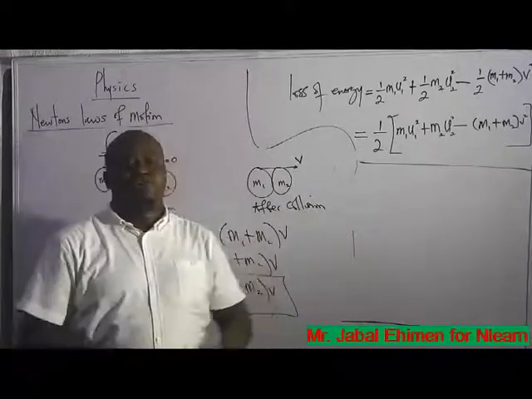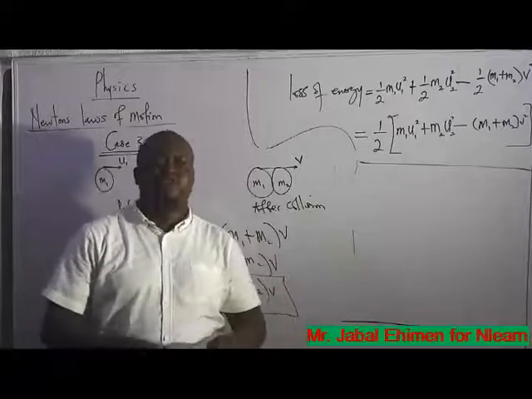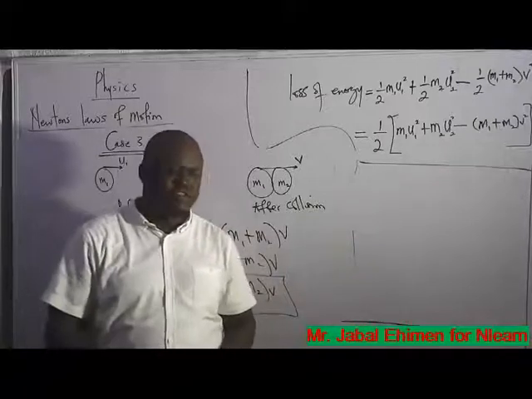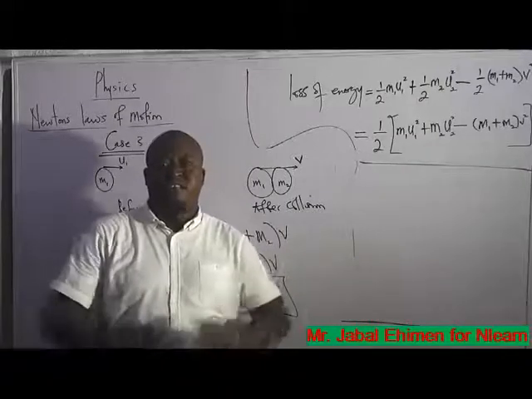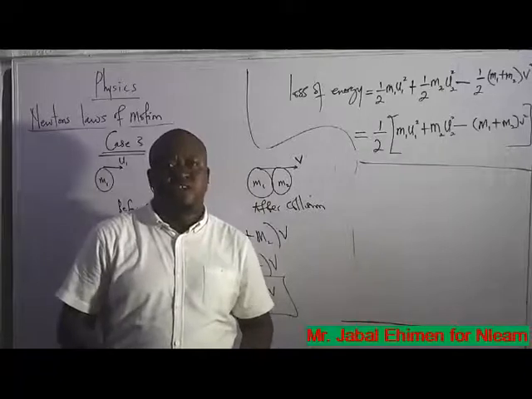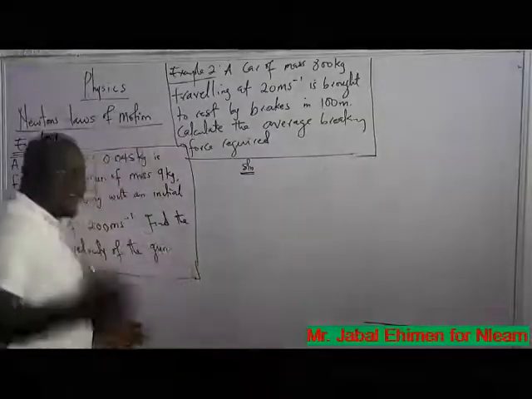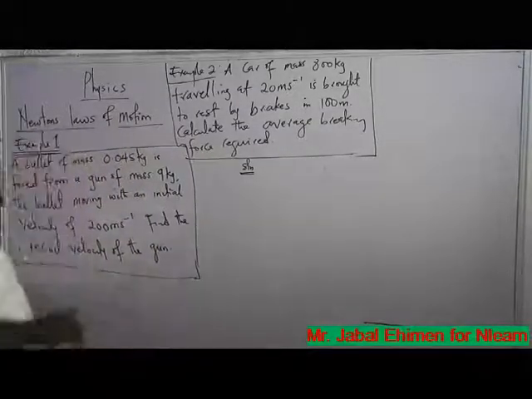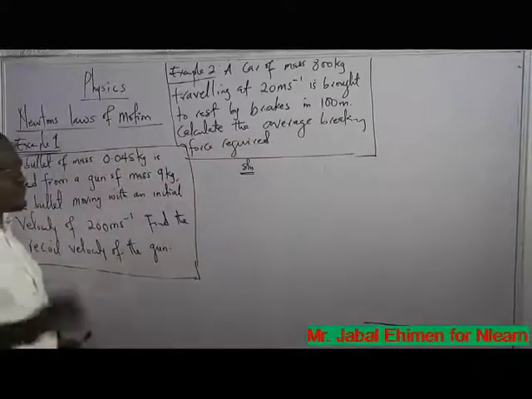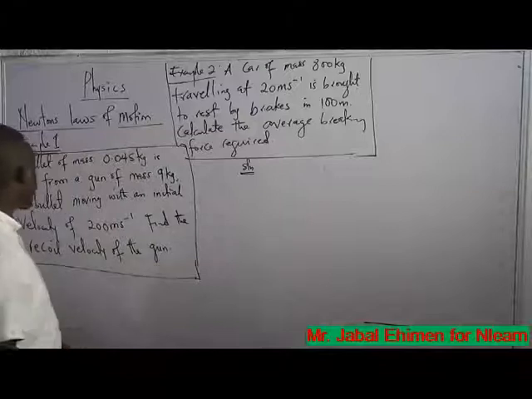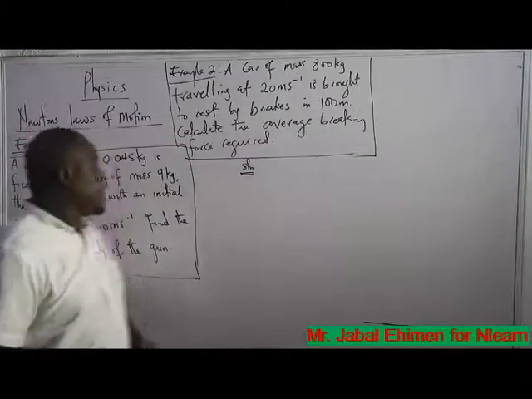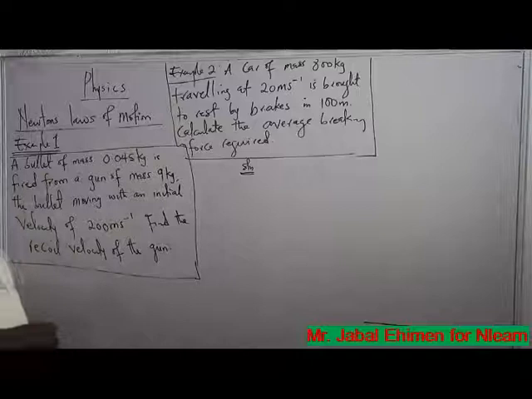Now, we are going to take a few questions to explain calculations that have to do with conservation of linear momentum and Newton's laws of motion in general. From the examples, let's consider example 1, first of all.